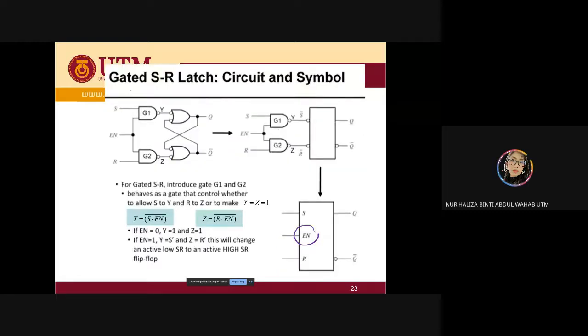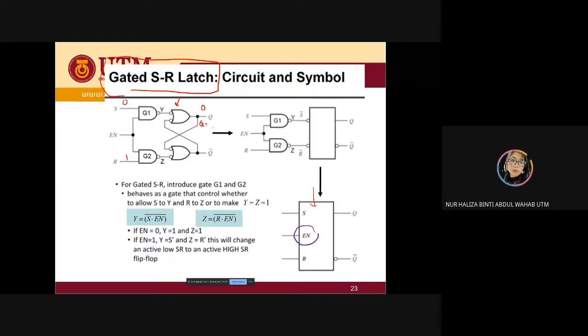Here is your gated SR latch circuit and symbol. This one is your circuit. This is your symbol. You can try using your simulator, or you can manually put the values 0 and 1. And then what is the output for previous Q? Let's say for 0, what will you get for new Q?